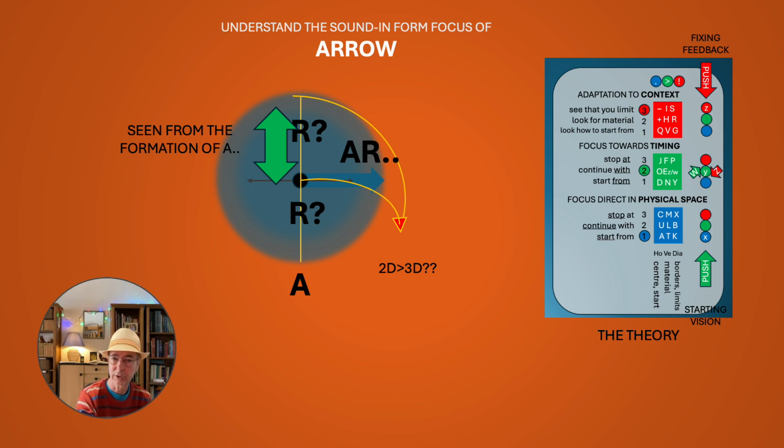R on its own, just looking at A and R, just seen from the formation process which will happen at some point or another, we can imagine the form connected with AR.